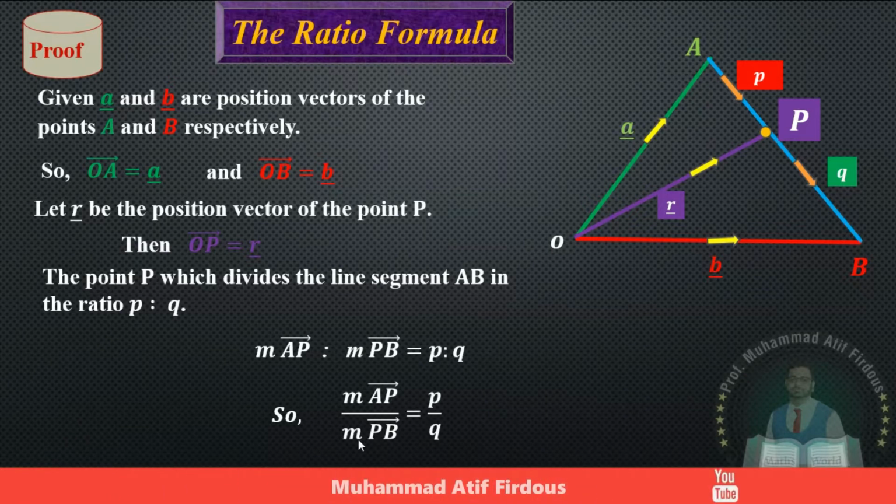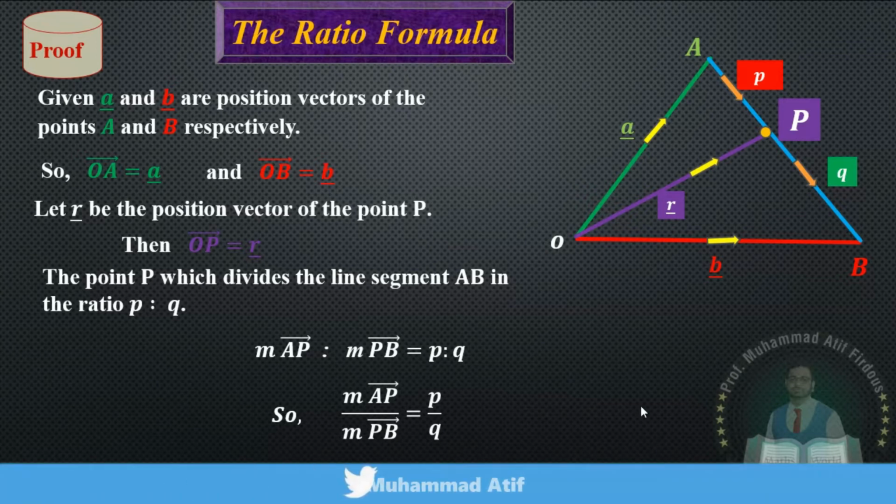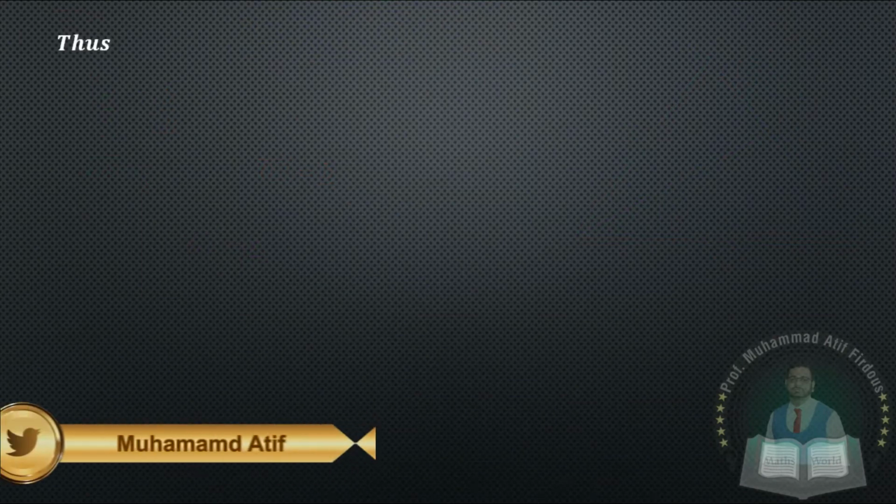Measure of vector AP over measure of vector PB is equal to p over q. Okay, so just cross multiply this last step. Just multiply q with this and p with this. So we have q into the measure of vector AP and p into the measure of vector PB. Got it? Any problem? Now just simplify the last step, which I am going to solve in the next slide.